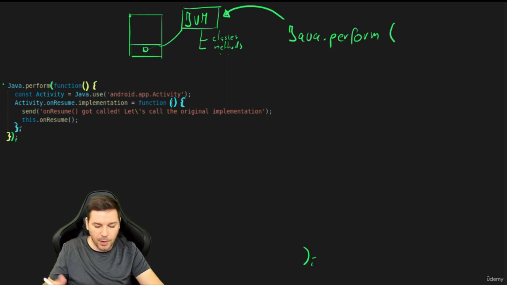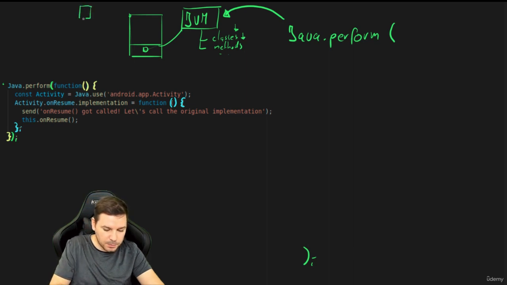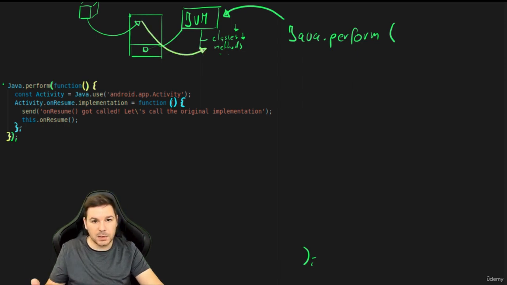Now if we write java.perform, Frida is attaching into this Java virtual machine. Therefore, we have access to all those classes and methods over here. And this is exactly what we want to do. We want to override a class which this application is using. Every time the application is opened on the smartphone, it's also accessing those class files. This is the code which gets loaded by this application.